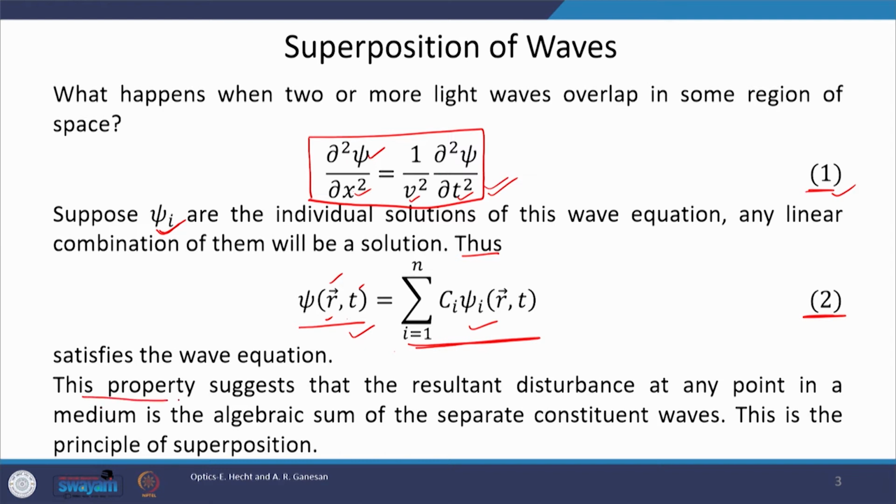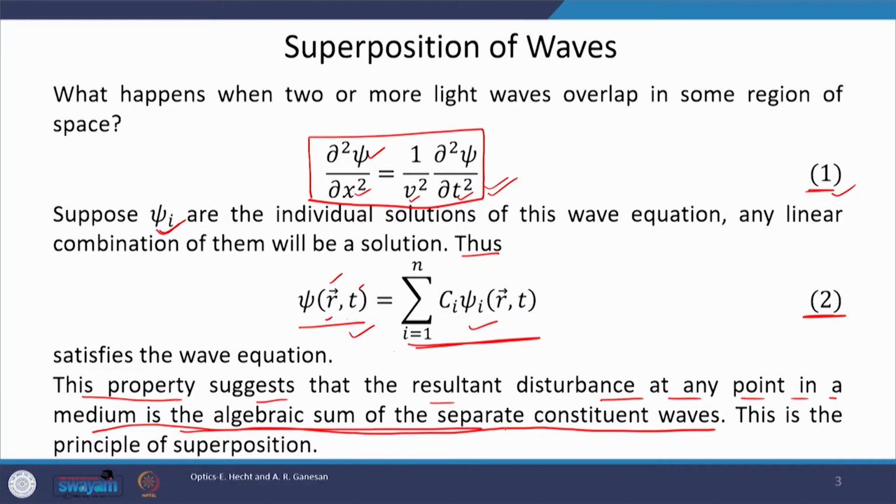Now this property suggests that the resultant disturbance at any point in a medium is the algebraic sum of the separate constituent waves, okay. It means that suppose we have two waves which are propagating in the same medium and they are overlapping in time and space, then the resultant wave will be the algebraic sum of the two waves, and this is what is being said here in these lines, okay.